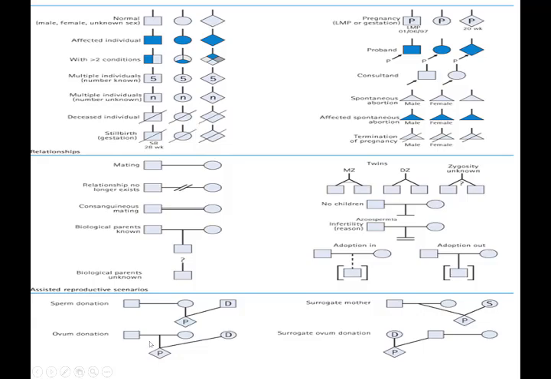The ovum donation here, for instance, is if for a couple we cannot find the genetic mutation to help them with PND or PGD, we recommend ovum donation from another lady.